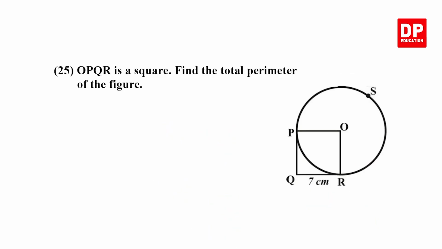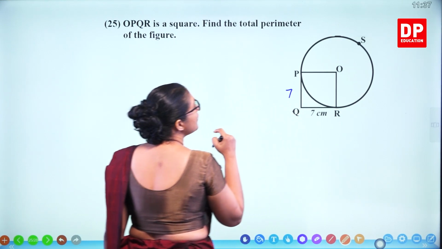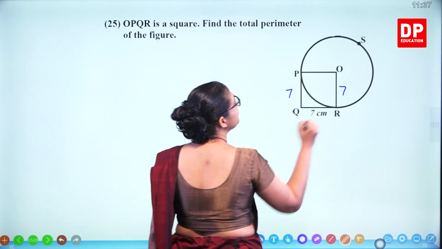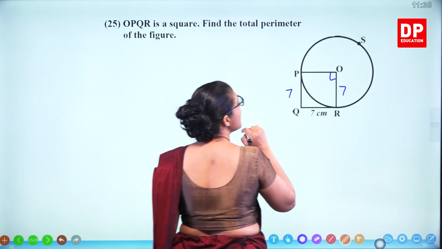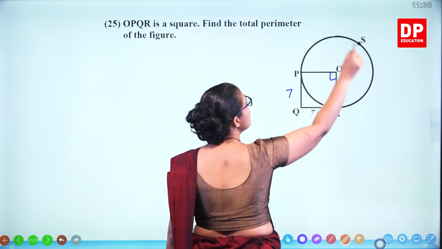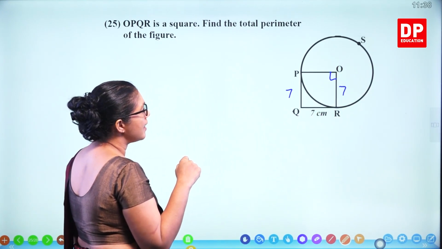Question number 25. That's the last question in this paper. OPQR is a square. Find the total perimeter of the figure. This is 7, means this is 7, and the radius is 7. This is a square, so this is 90 degrees. So we need to find this arc length, the PSR arc length.